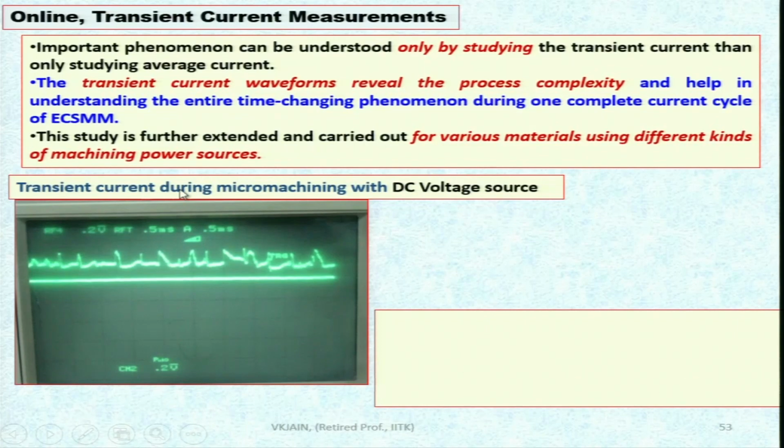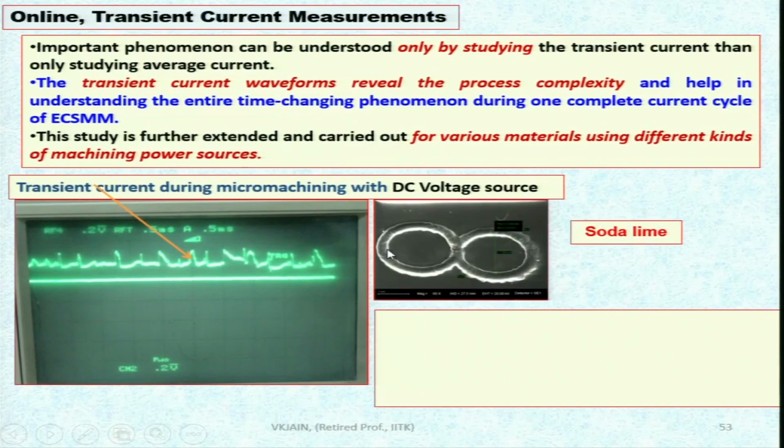Now you can see here transient temperature during micromachining with DC voltage source. These are the transient currents that you can measure here along with the time, and this is the soda lime glass where we made an 8 or infinity type of micro feature.